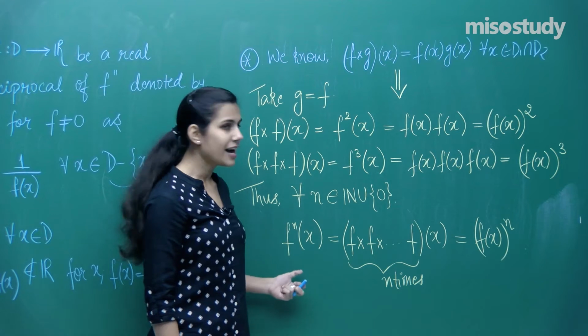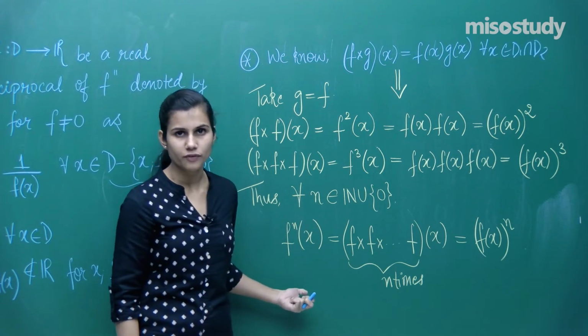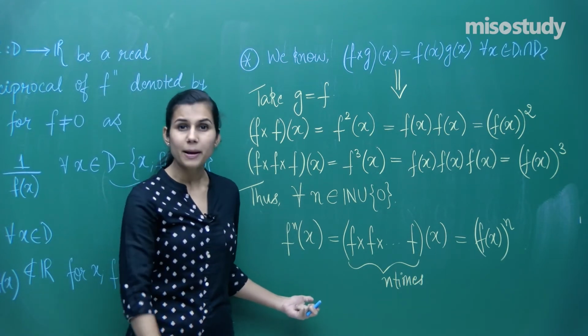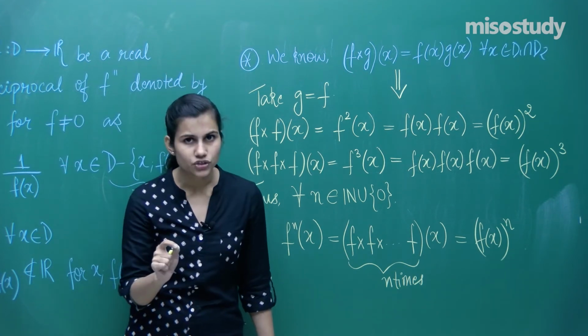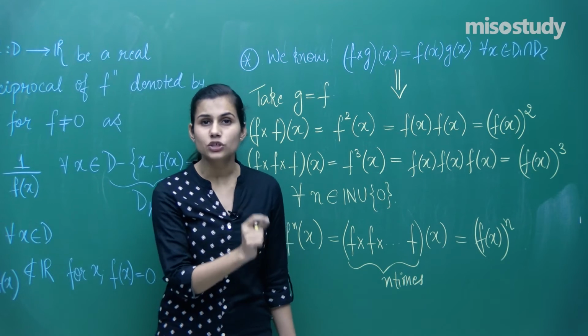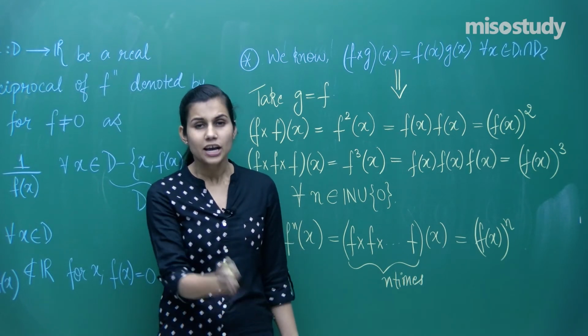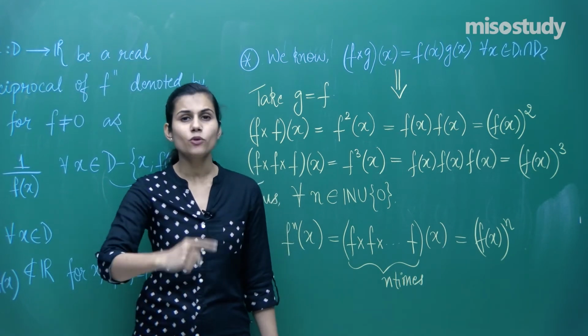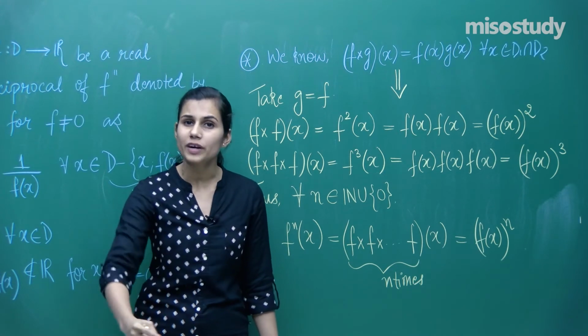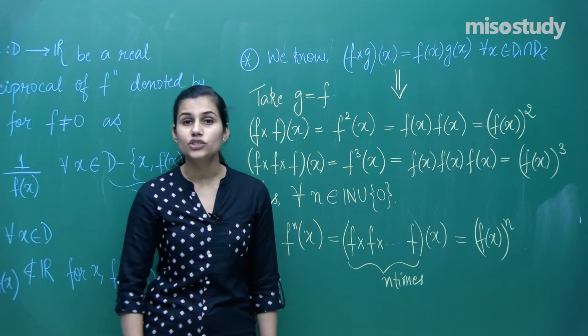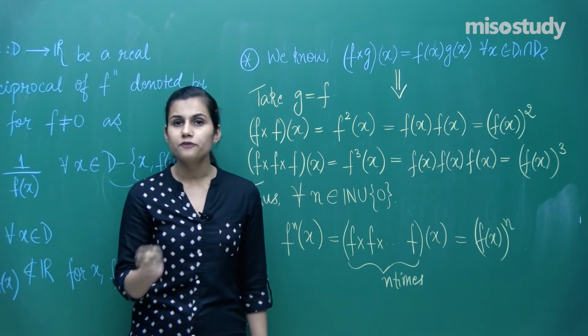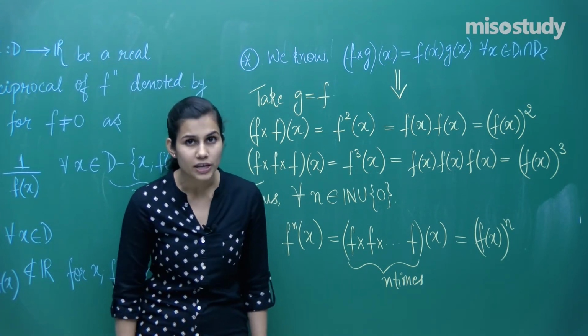I can multiply a function with itself, and self multiplication comes up as another kind of operation. Once I have one function, I can multiply that function with itself any finite number of times, and I am going to keep on obtaining new functions. Have one f, multiply it twice, get a new function f square. Have one f, multiply it thrice, get a new function f cube.